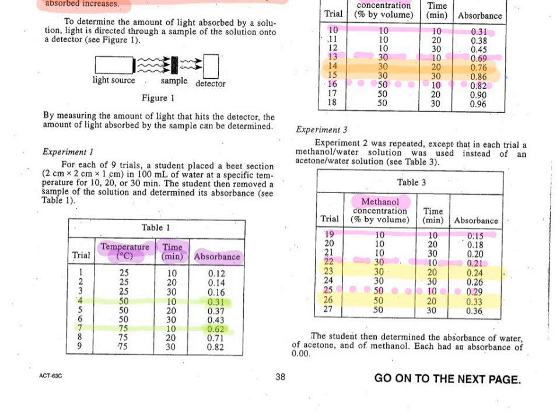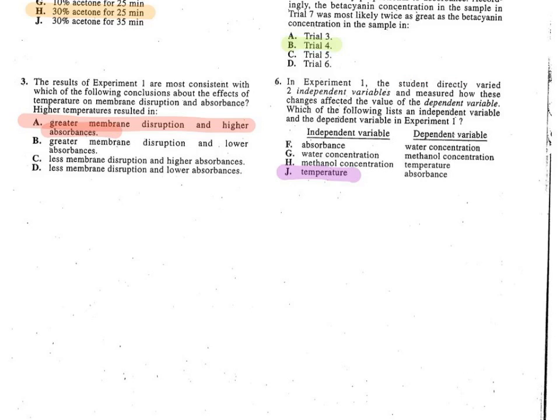It makes sense that we would choose the temperature of 25, then 50, then 75. The absorbances, those vary, and that's what was measured. So I could say that either the temperature or the time was the independent variable, and the absorbance was the dependent variable. The only answer choice that corresponds with this is choice J, temperature for independent, the dependent absorbance.